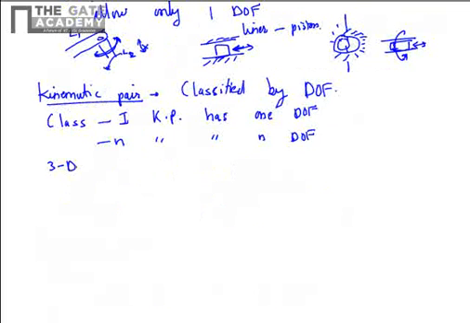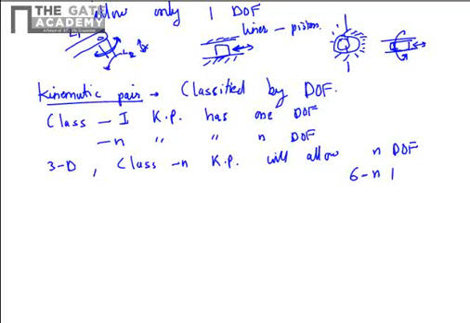So in a 3D system, a class n kinematic pair will allow n DOF and it will constrain 6 minus n degrees of freedom. In 2D, the allowed are n and the constrained are 3 minus n degrees of freedom.